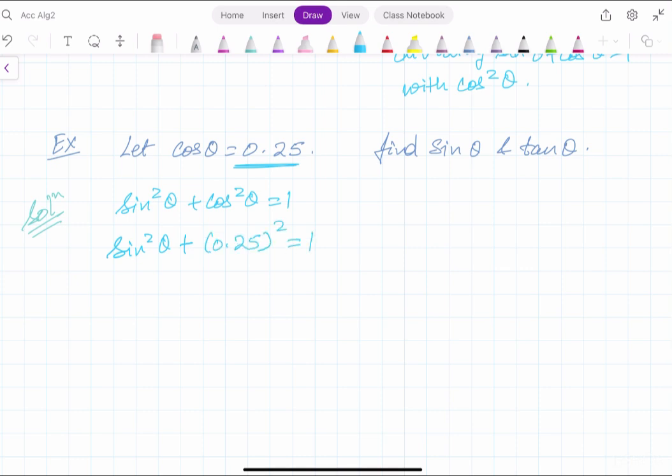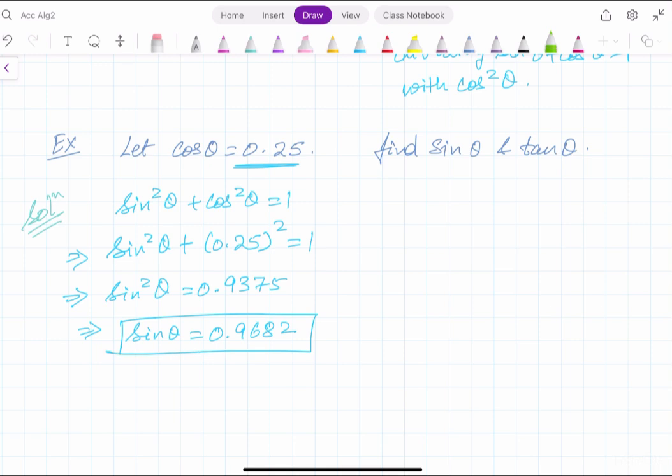0.25 squared plus sine squared theta is equal to 1, and then you can subtract 0.25 squared from both sides. You will get sine squared theta is equal to 0.9375, and then take the radical of both sides. So sine theta will give you approximately 0.9682.